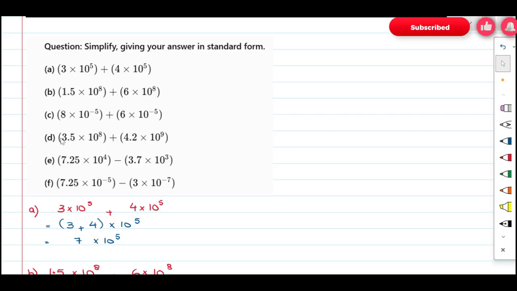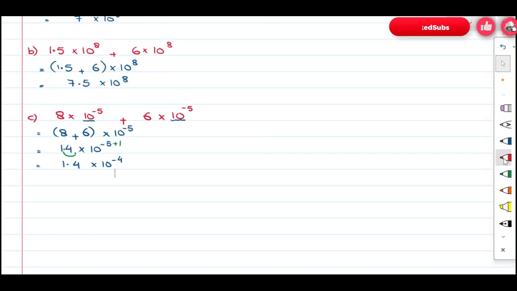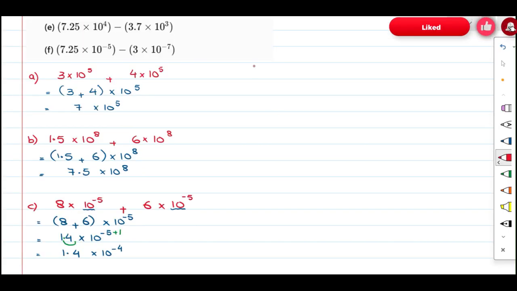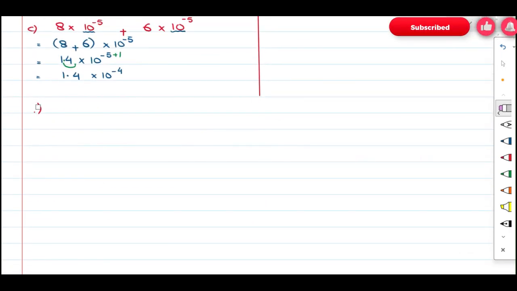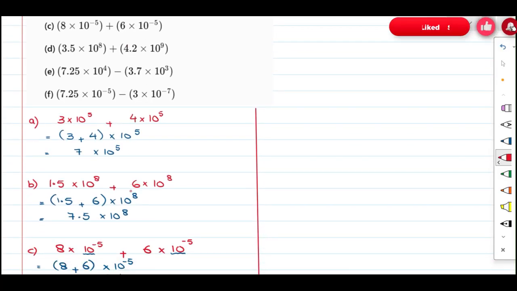Now for part D, let me solve it over here. We have 3.5 multiplied by 10 to the power 8 plus 4.2 multiplied by 10 to the power 9.